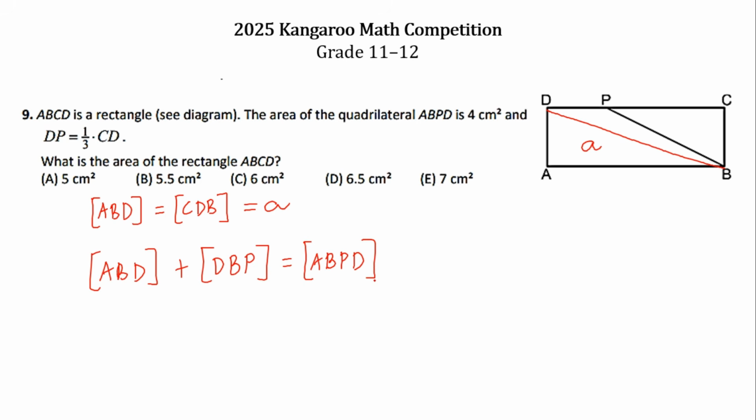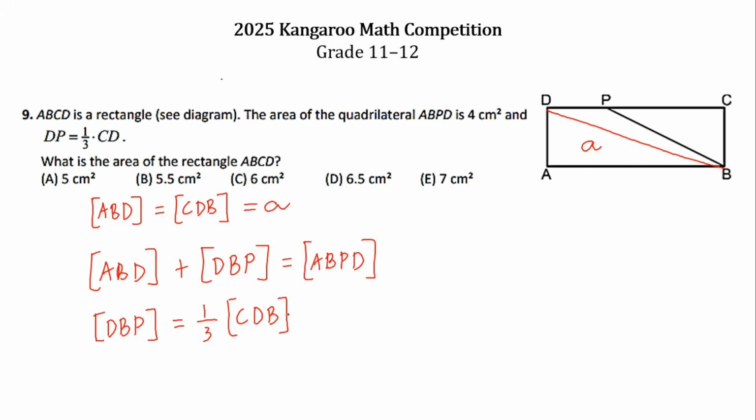Alright. Now, since DP is 1/3 of CD, the area of triangle DBP must also be 1/3 of the area of CDB. But the area of CDB is A, right?